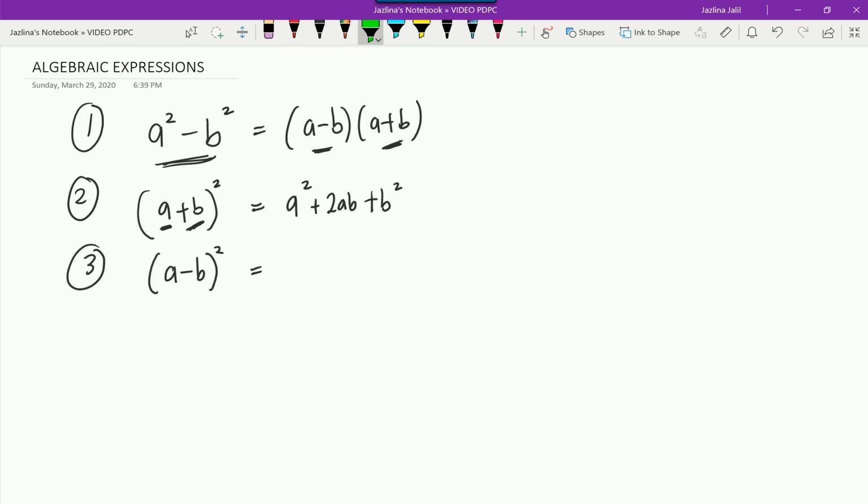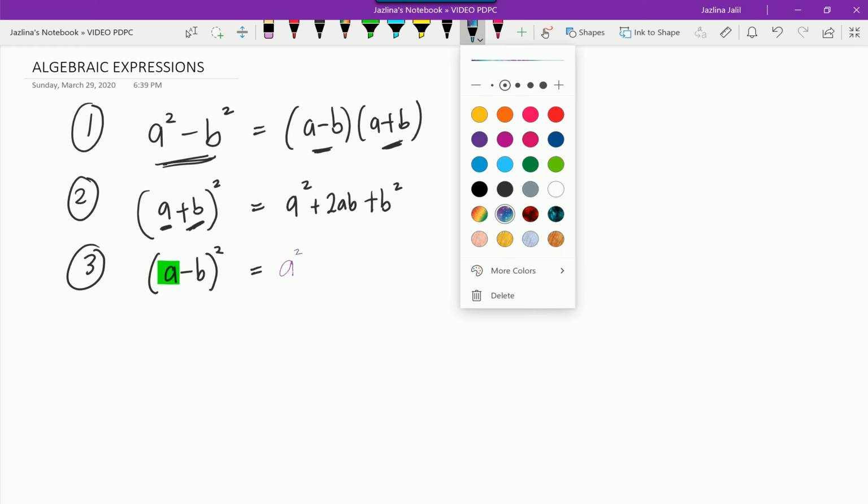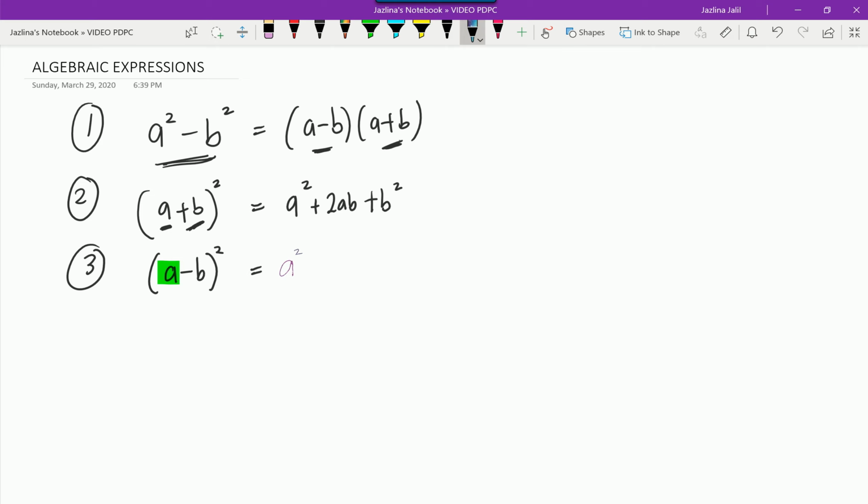You take the first one, a times a, it will be a square, and then negative b times negative b will be positive b square. And the middle one, what should it be? 2 times positive a times negative b, so it will be minus 2ab.